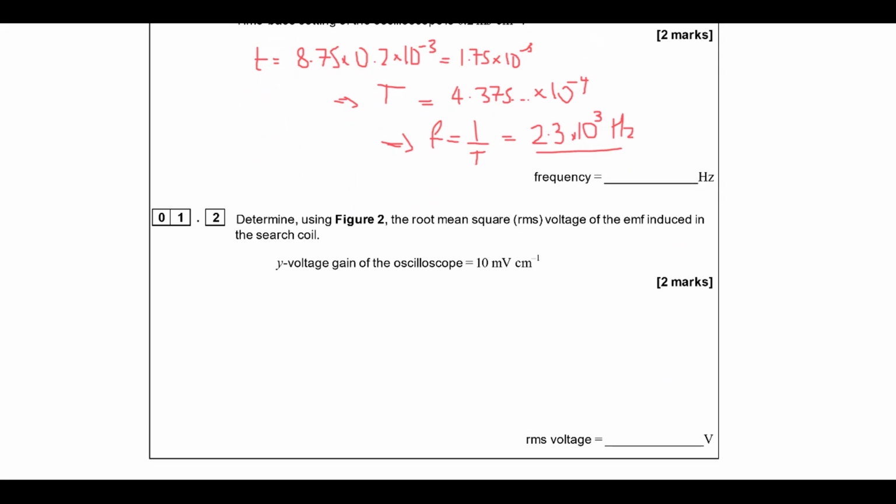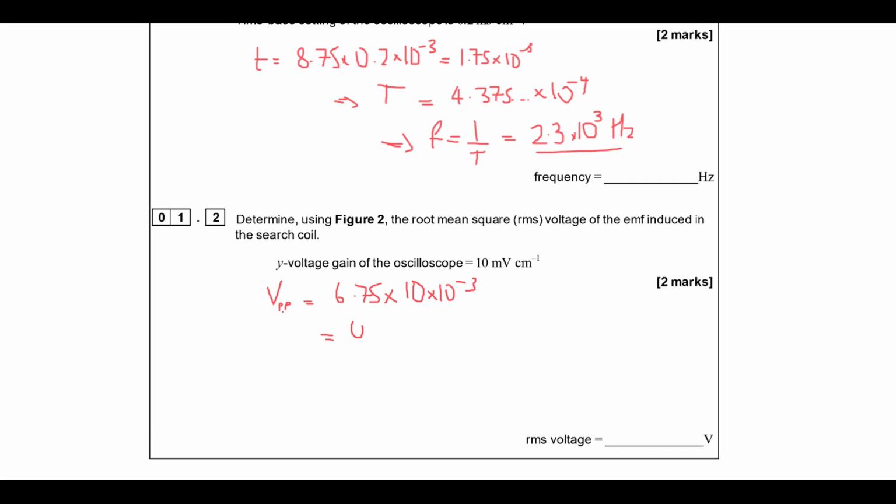So it's 6.75 squares. So that peak to peak is 6.75 times 10 times 10 to the minus 3, because it's in millivolts.